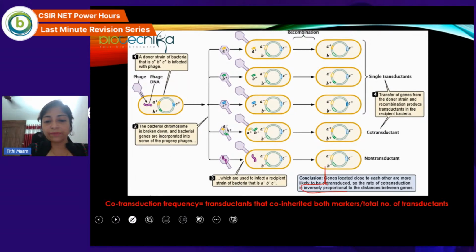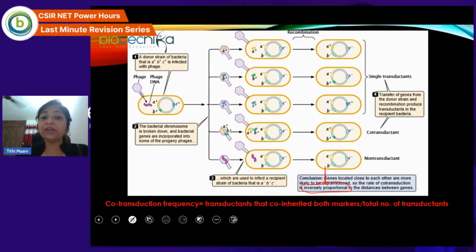This is important. So if co-transduction frequency is high, it means the distance between the genes is less. If the co-transduction frequency is low, it means the distance between the genes is high. That is what we mean by inversely proportional. If one value is high, the other value will be less.